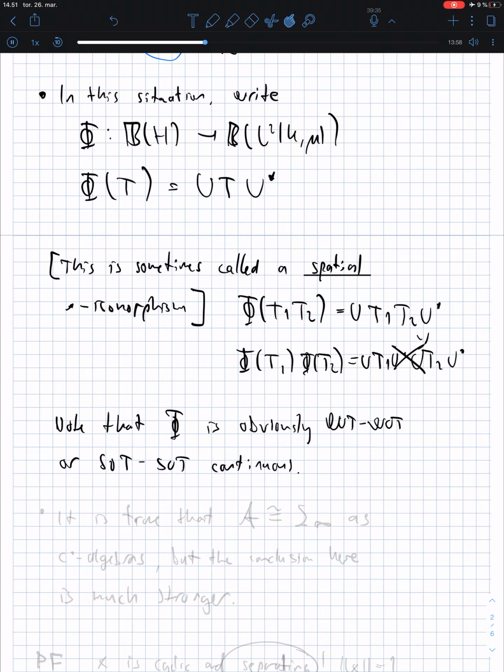So I could also say that it is true that A is isomorphic to L infinity as C-star algebras, because the map that I just called phi is a star isomorphism, but the conclusion here is much stronger because we remember the way that they sit on the Hilbert space. That's somehow the point.